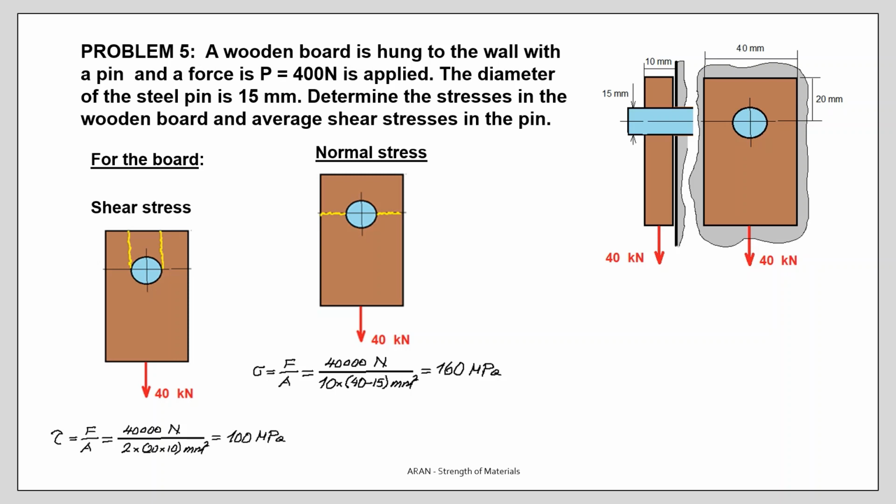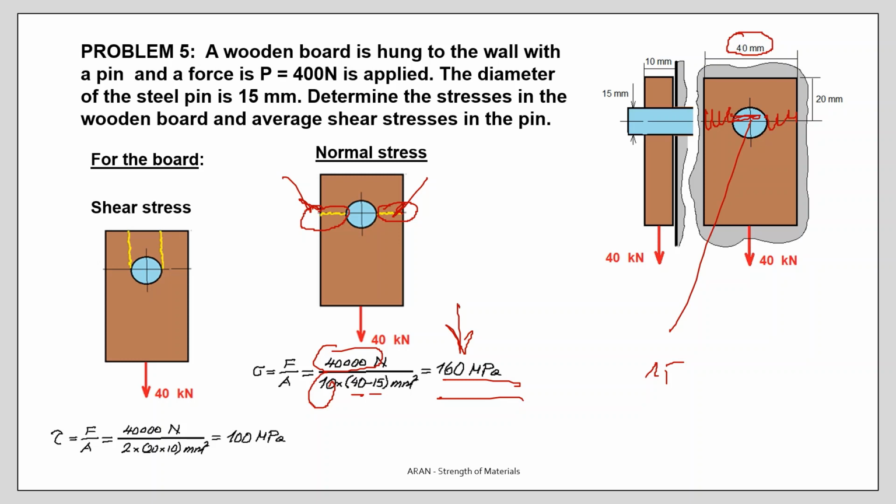The next is, as we have discussed, the normal stresses in these sections. Here we have altogether 40, and this diameter is 15. The remaining area is 40 minus 15. This is the thickness, this is the force acting, and the normal stress on these sections is 160 megapascals.